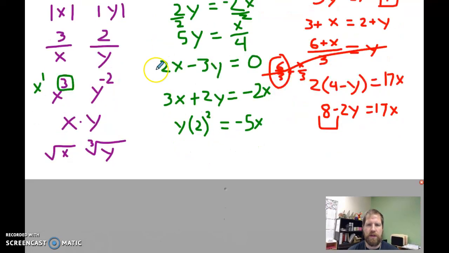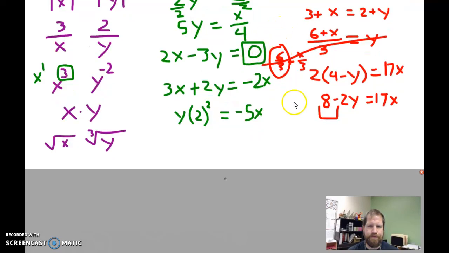The other situation is if I have both variables on one side and a 0 on the other side, that'll work because when I move my x over or I move my y over, the 0 is going to basically disappear. It's not going to impact me.